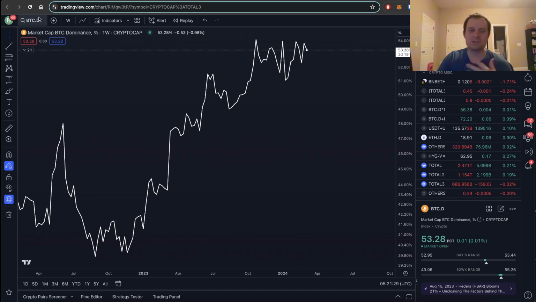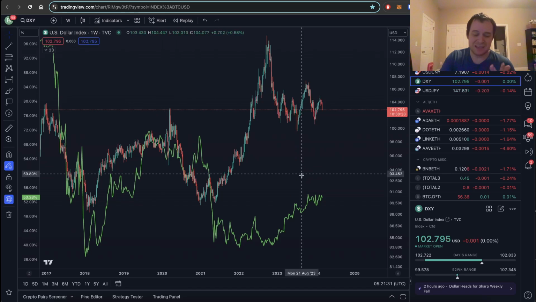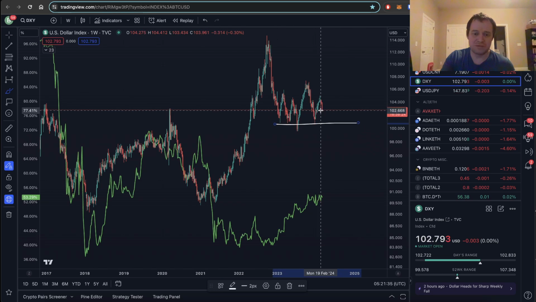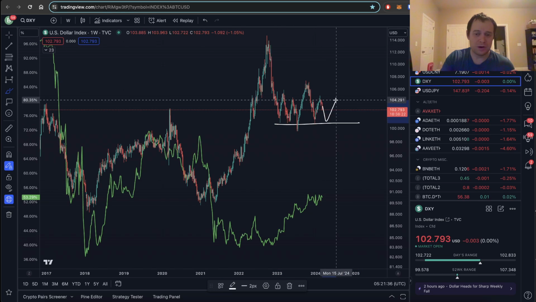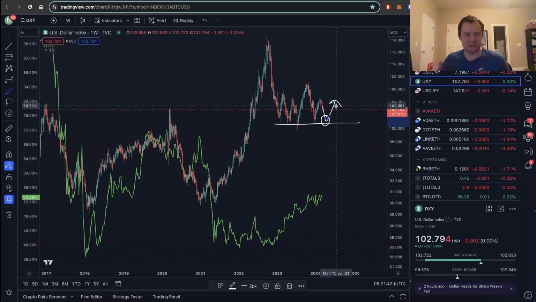If all that comes to a crescendo at the same time that the dollar is potentially finding a higher low or a double bottom in here, then I think that would be some justification or a catalyst for the market to cool off sometime thereafter the halving, right?